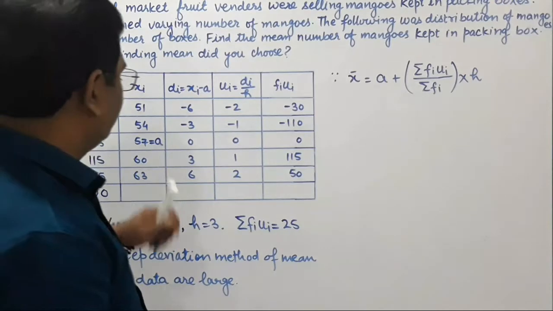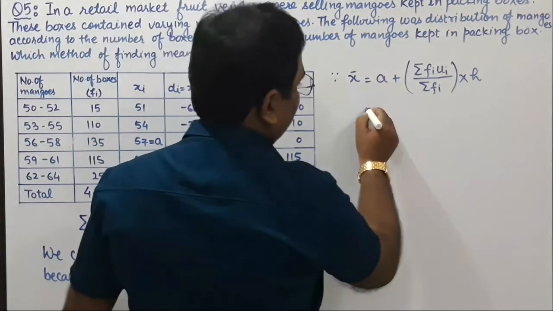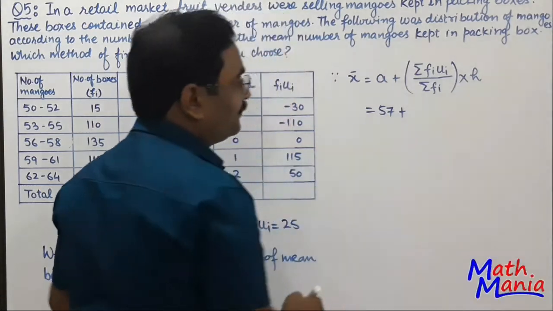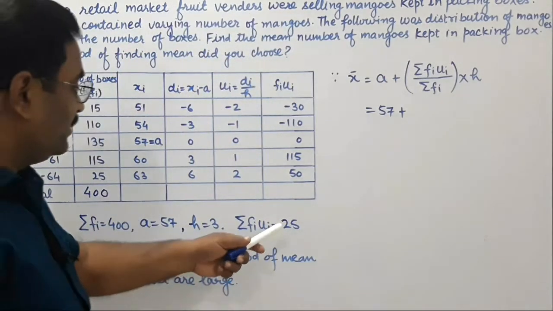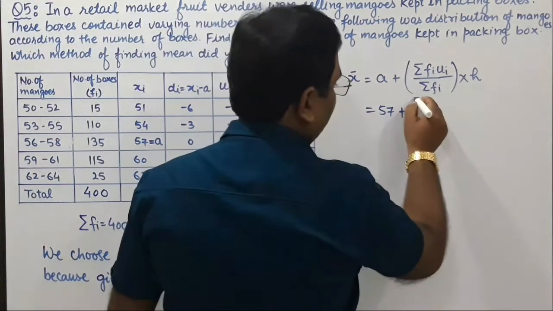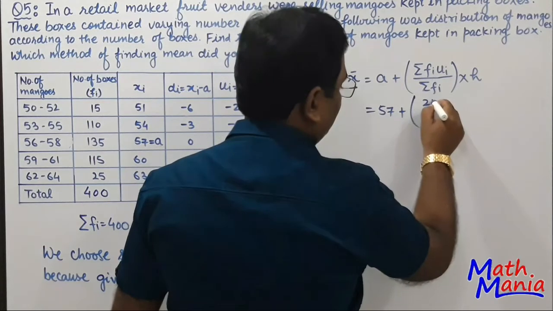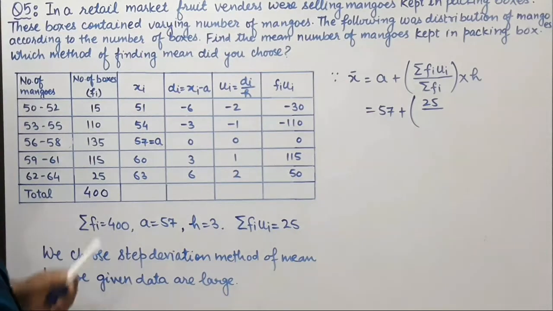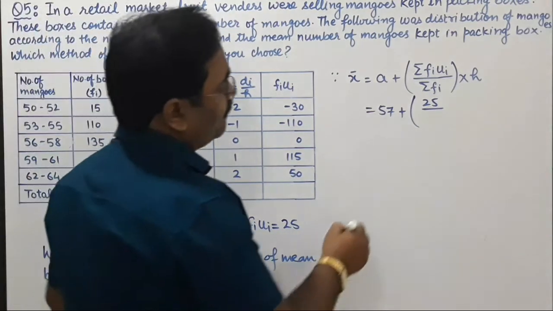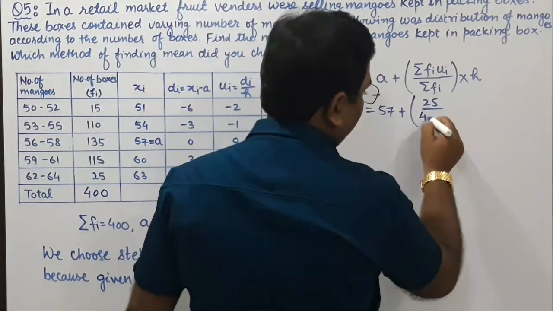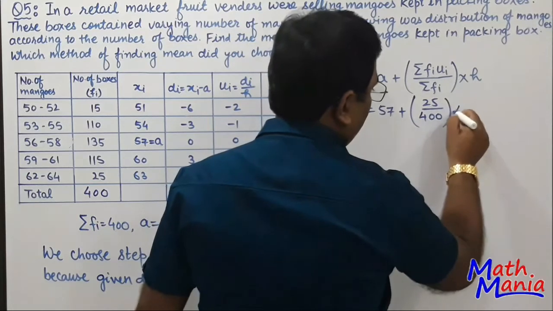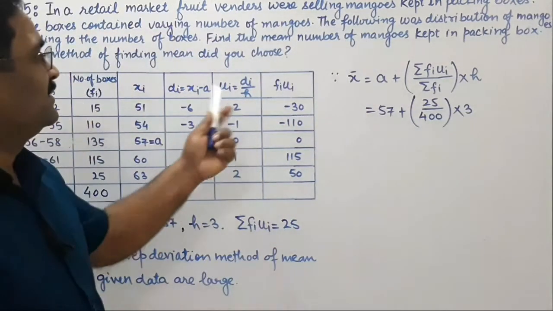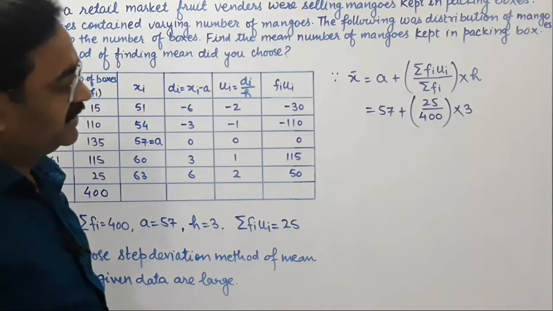A is 57, so here 57 plus sigma fi ui, which is 25, divided by sigma fi. Sigma fi is 400 multiplied by h is 3. This h की वैल्यू हमने 3 कंसिडर किया था.